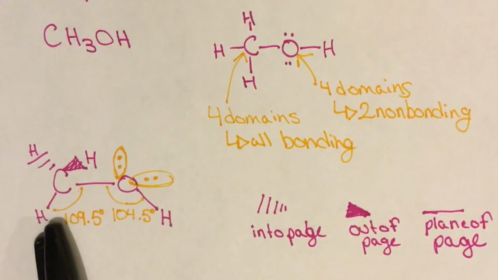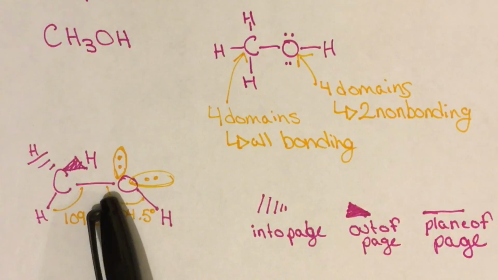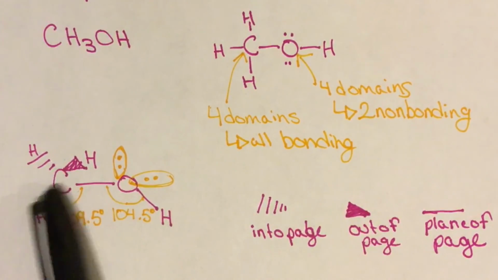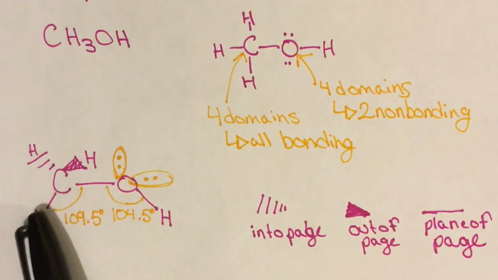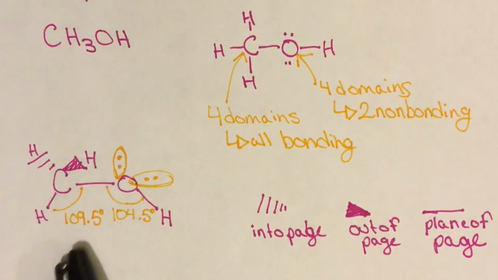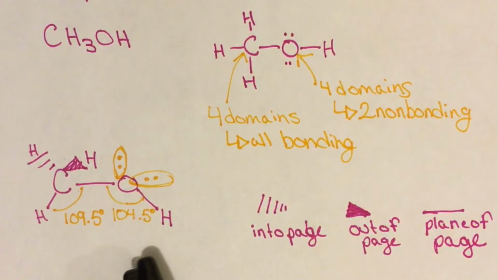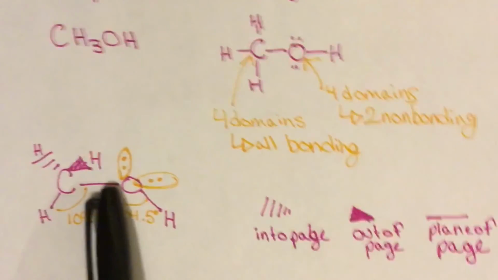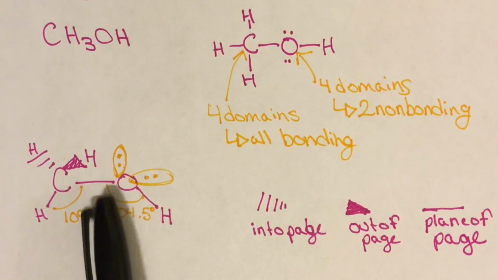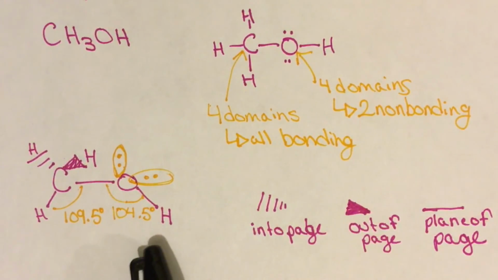So you can see here that this is the carbon, here is the bottom of my tetrahedral shape, and this is the top of the tetrahedral shape, where one is going in and the other is coming out. And this bond angle is going to be 109.5 degrees, approximately. Then we have the oxygen, and I've represented our 2 electron pairs in electron clouds here, just so you can see where those domains are pushing the shape.